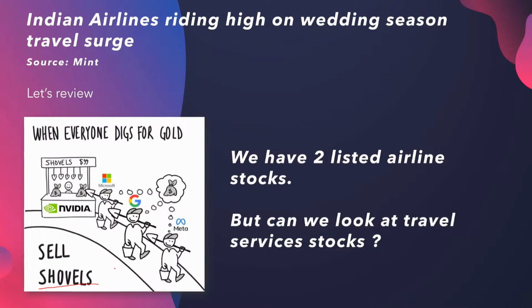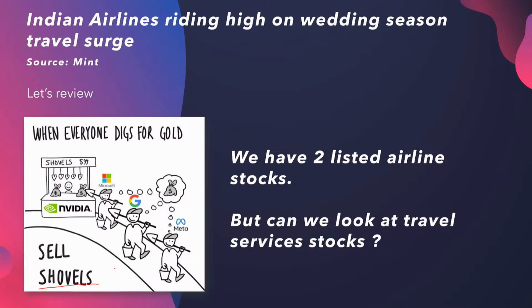Why can't we look at companies which sell these tickets on their website? It's obvious that if the airline sector is doing well, even these companies will get a lot of traction, which is clearly what Nvidia has done over the long run. When there was a high craze for GPUs and processing units, Nvidia was the one to sell shovels and not dig for gold.